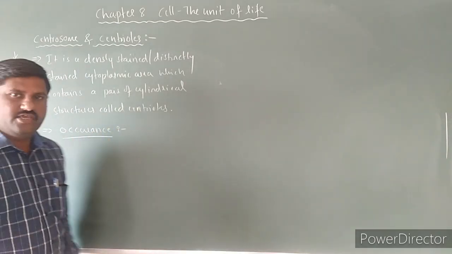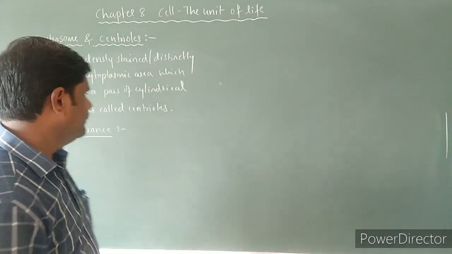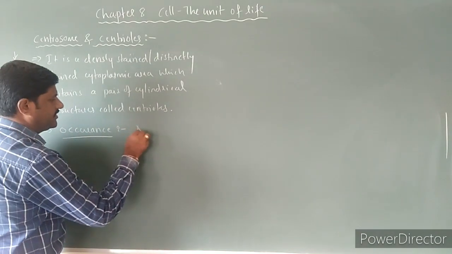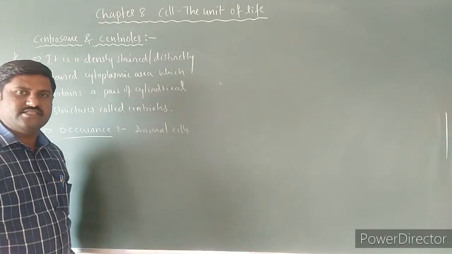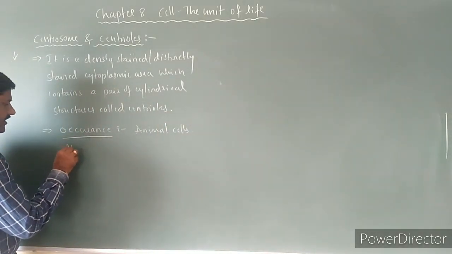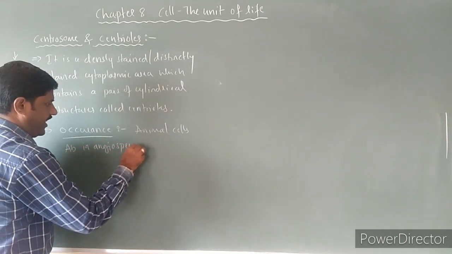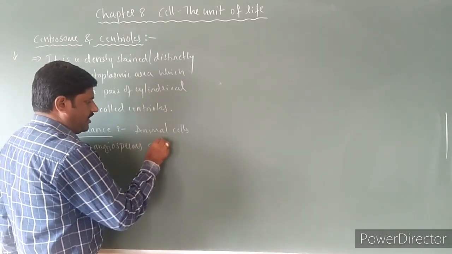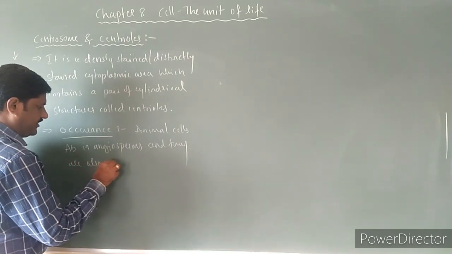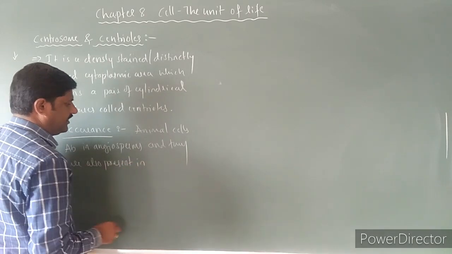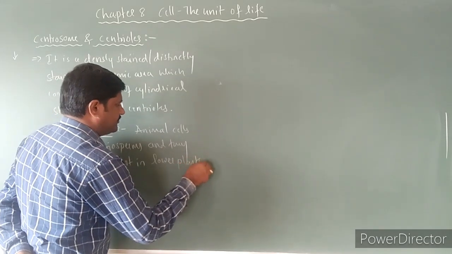In what type of cells are centrioles usually present? Centrioles are usually present in the animal cells. They are absent in angiosperms, especially, and they are also present in lower plants.